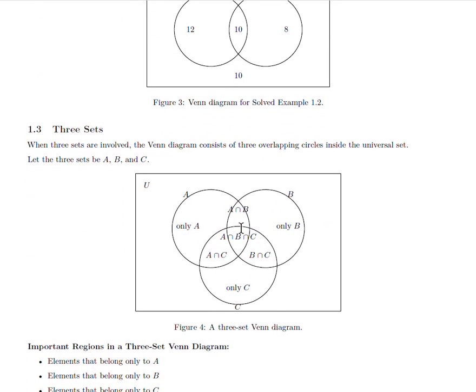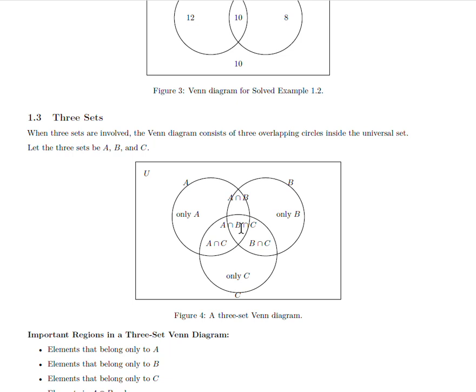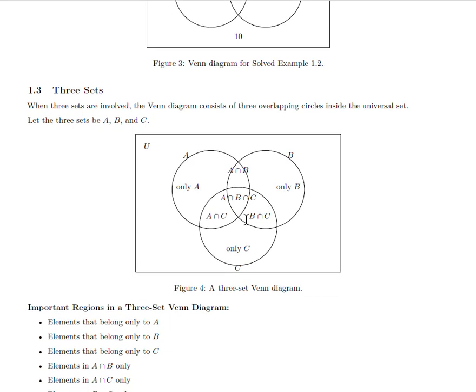So we move to the Venn diagram for three sets. This is the general representation of the Venn diagram for three sets. You can see set A, set B, and set C, and then their intersections.